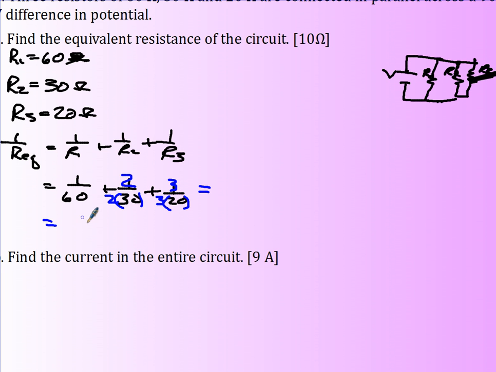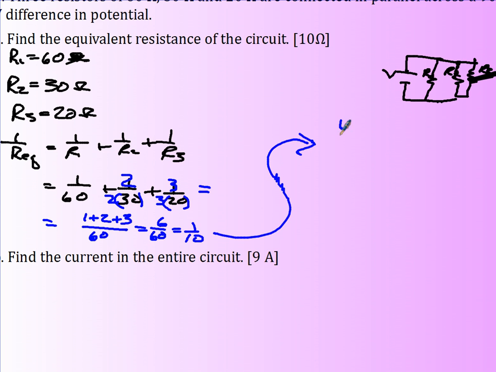So this becomes 1 plus 2 plus 3 divided by 60, or 6 divided by 60, or 1 over 10. Now it's very straightforward to see if 1 over R equivalent is 1 over 10, that R equivalent is equal to 10 ohms. You never know when you're going to be stuck without your calculator, so be able to do the basic mathematics.